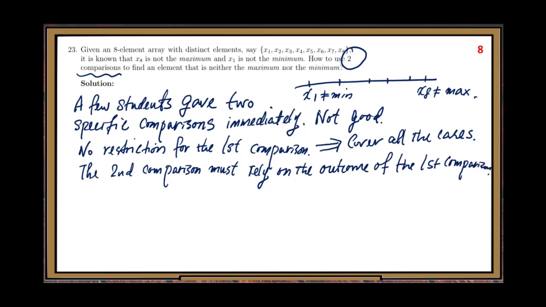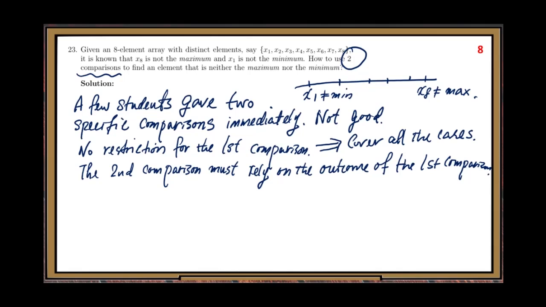It is based on the intermediate result of the first comparison. You may have several cases for the first comparison, and for the different cases, you need to do comparisons differently.